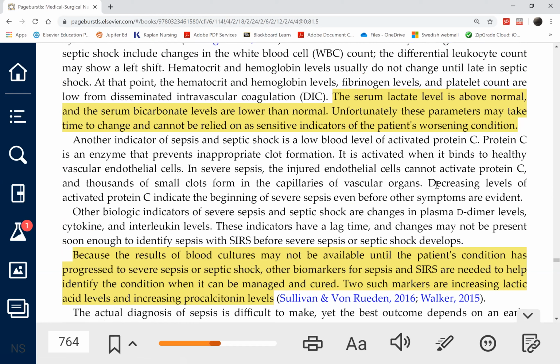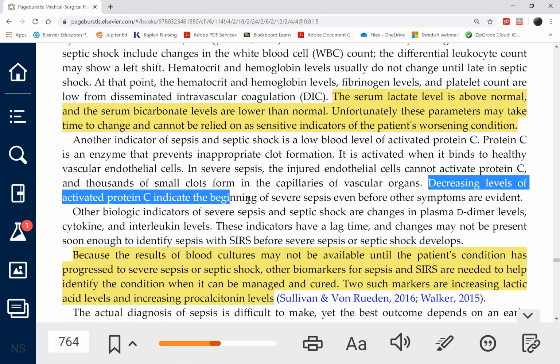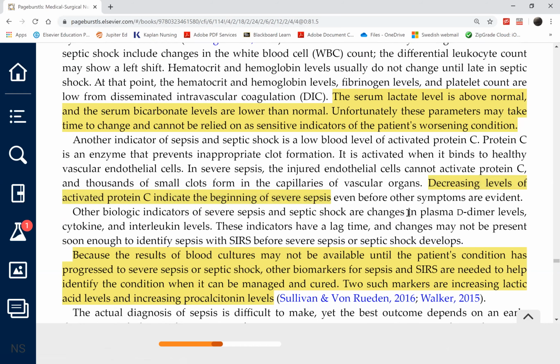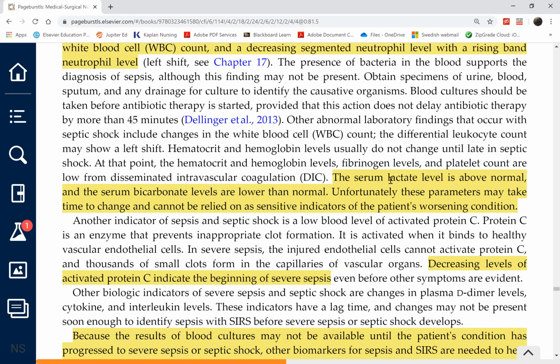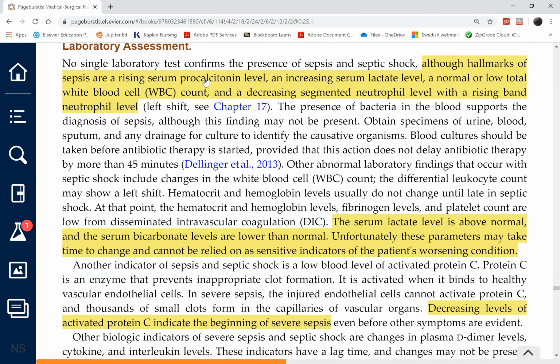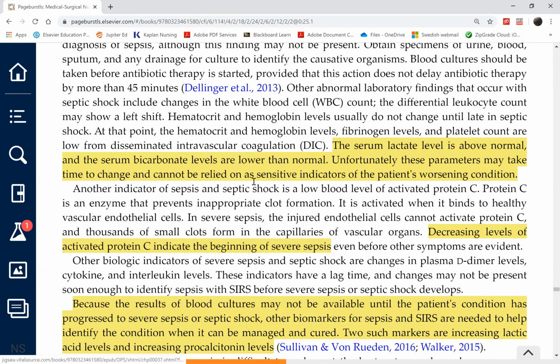Decreasing levels of protein C is evidence of the beginning of severe sepsis. So you have other parameters to watch for besides only your serum lactate. You can look at procalcitonin level, and you see these tests.